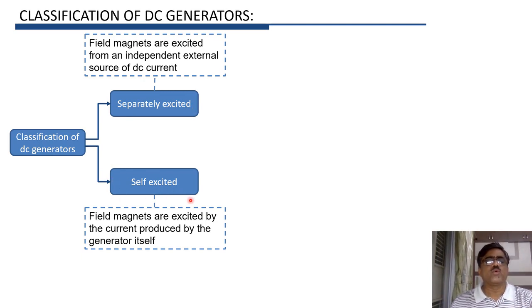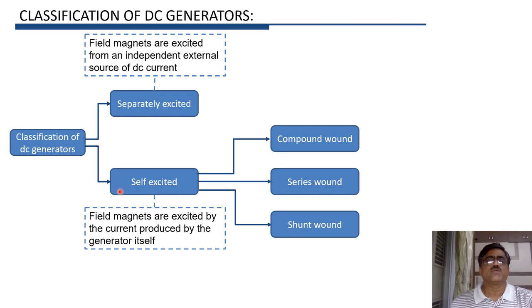Now according to the way in which armature and field winding are connected to each other, these self-excited generators are further classified into three types. So these three types are DC shunt generators, DC series generators, and DC compound generators.